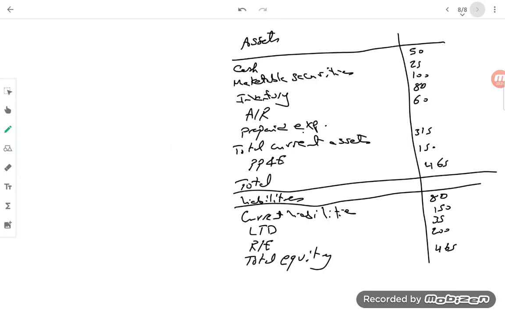Let's take an example. If you are given the following balance sheet, this is assets, cash, marketable securities, inventory, account receivable, prepaid expenses, total current assets, PP&E, total assets, and then liabilities, current liabilities, long-term debt, retained earnings, and total equity. Now we have to calculate the liquidity ratios. Number one, current ratio.